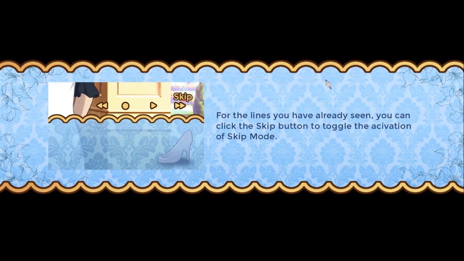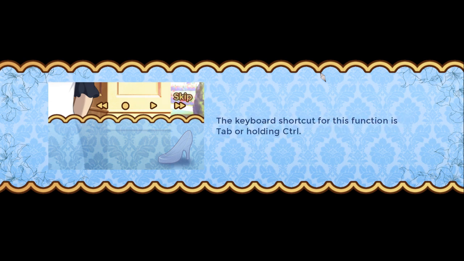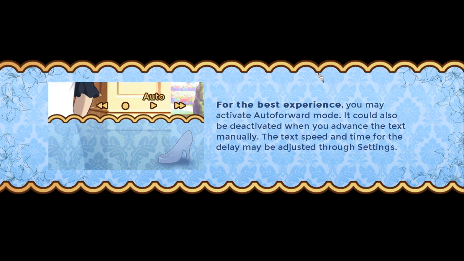For the lines you have already seen, you can click the skip button to toggle the activation of skip mode. The keyboard shortcut for this function is Tab or Control, or holding Control. For the best experience, you may activate auto-forward mode. It could also be deactivated when you advance the text manually. The text speed and time for the delay may be adjusted through settings.